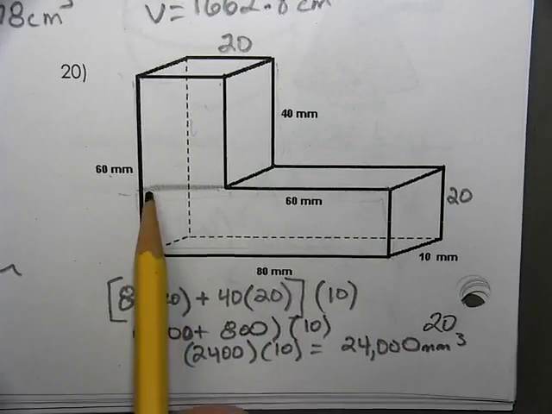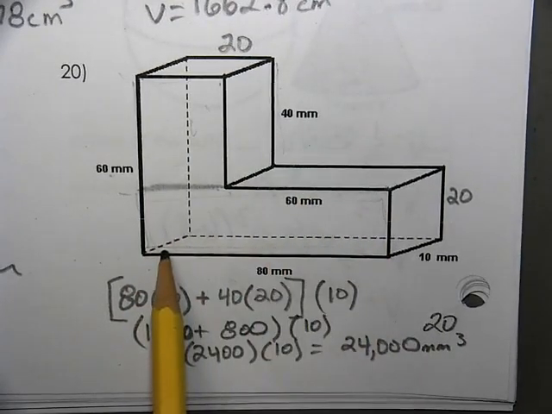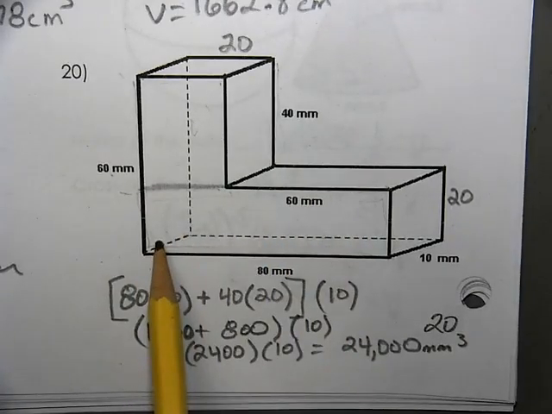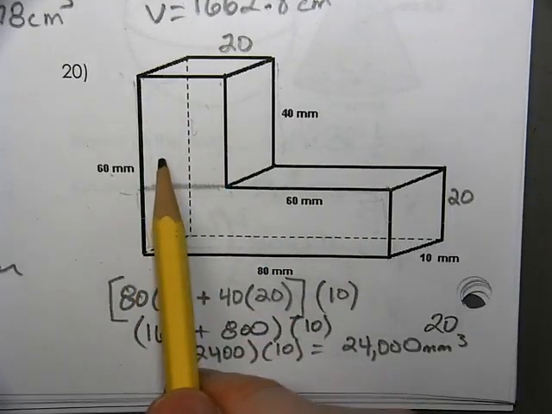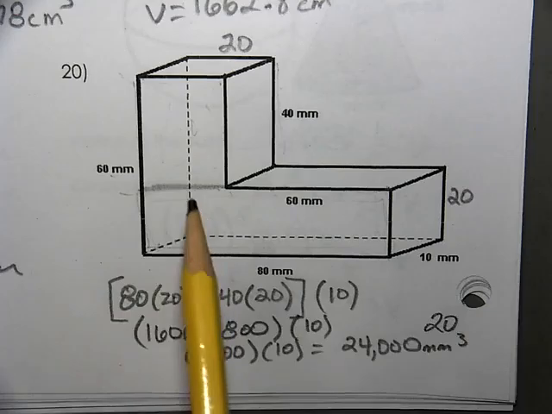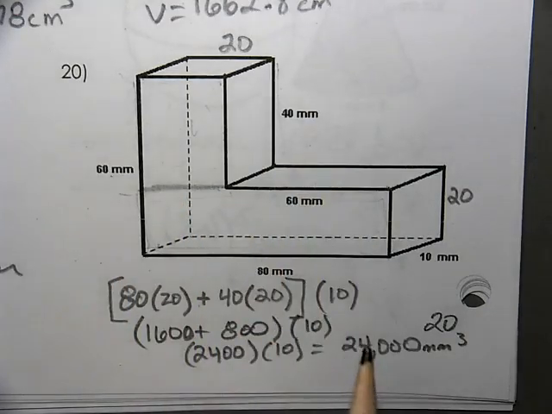We found the area of our large rectangle, then our smaller rectangle, added those together, then multiplied it by how far back it goes. Good luck on the quiz.